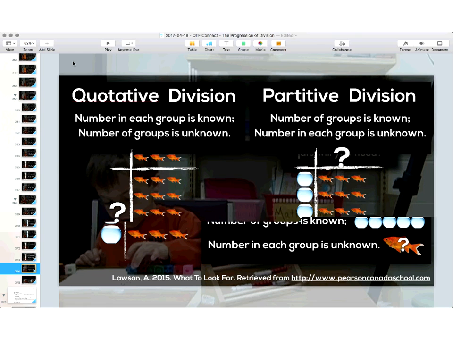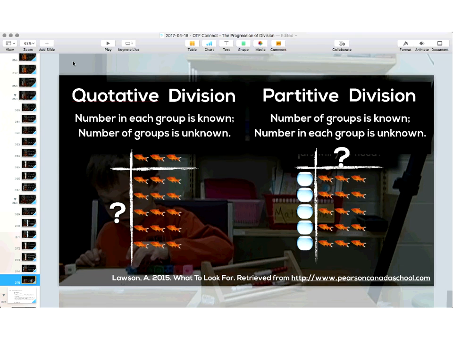Both of these types of division, I think, are really important for us as educators to know. I'm not certain whether I believe students need to know the names of the 2. Maybe having an anchor chart to show that there's 2 types and having two examples is probably really important to have that discussion.